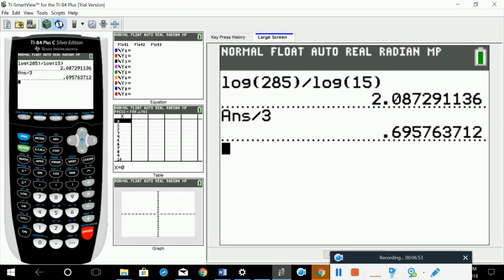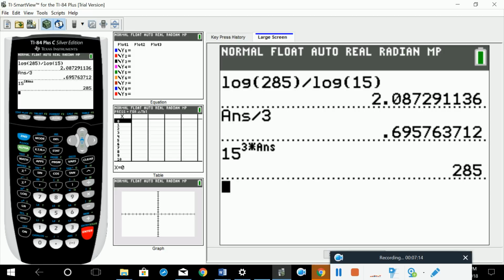So if I go back to my calculator, I can do 15 to the power of 3 times, and then instead of typing in 0.696, I can just hit second and the negative sign. And that says take 3 times my previous answer, and you can see I get 285.